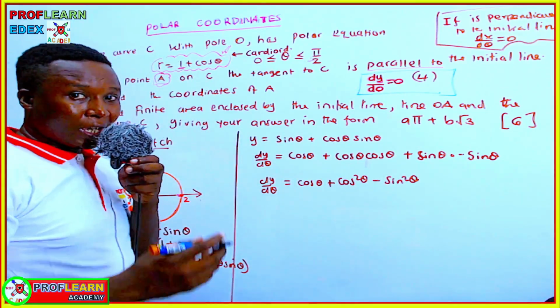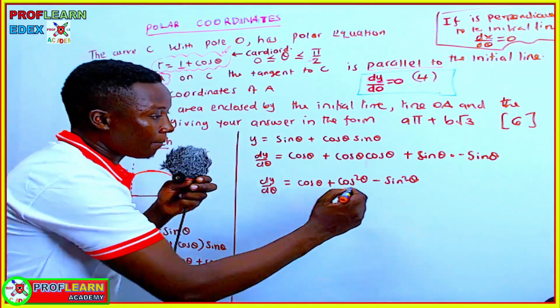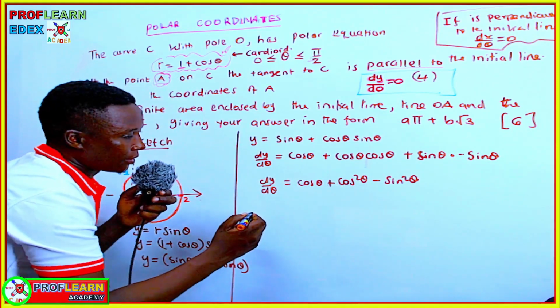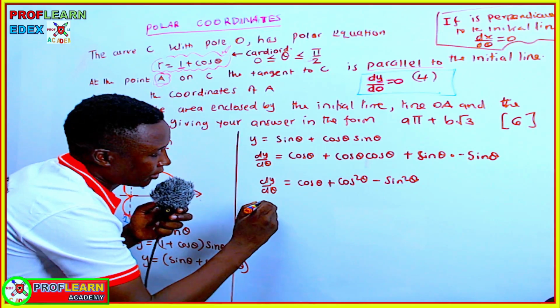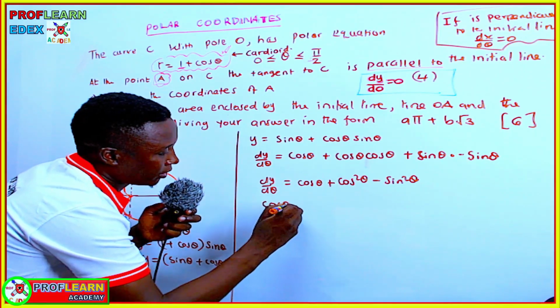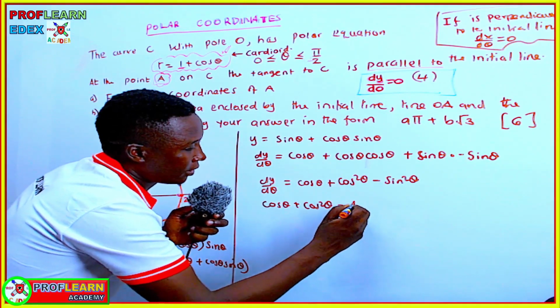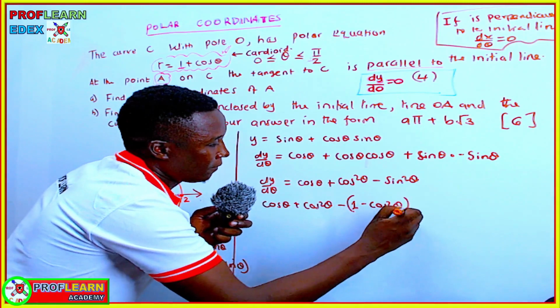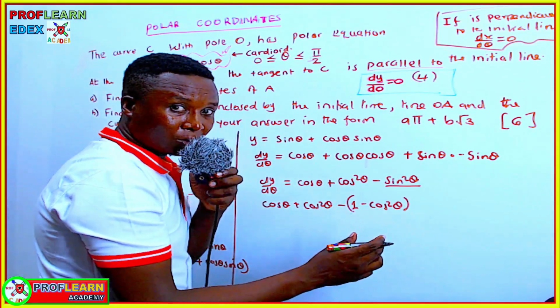Now we convert this sine squared theta so that we have the same terms. We equate this to 0, so we have cos theta plus cos squared theta minus (1 minus cos squared theta) equals 0. I've converted sine squared theta to 1 minus cos squared theta.